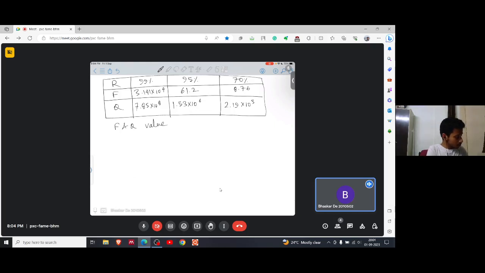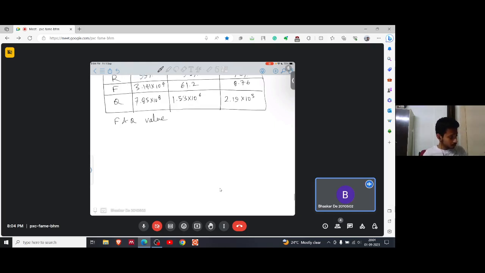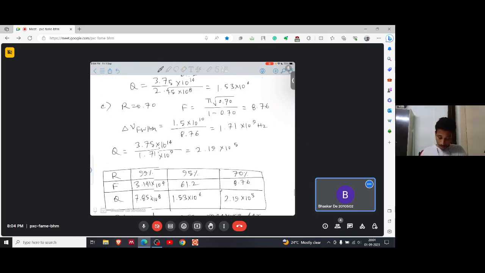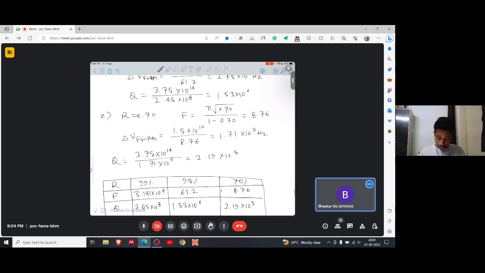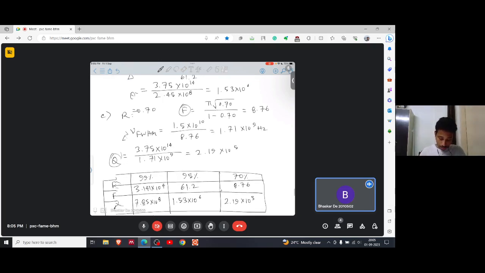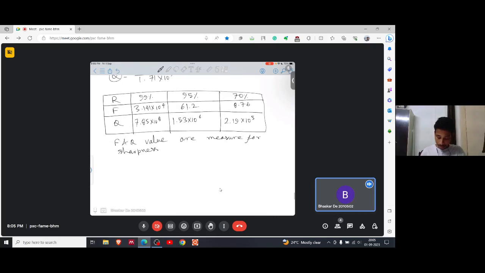So these are a measure of the sharpness of the frequency transmission under consideration. These two are basically unitless quantities, which give us the sharpness of that cavity.